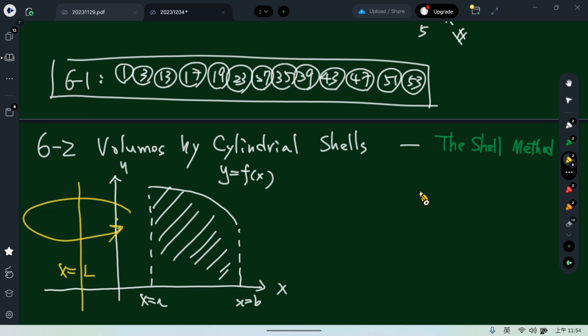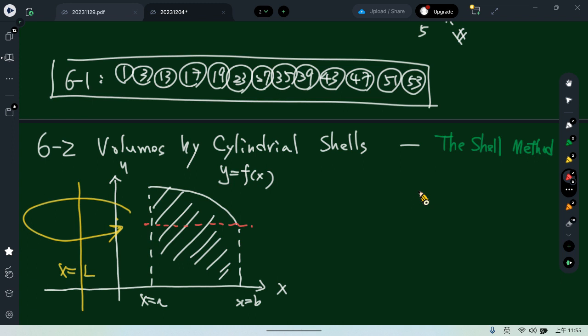Maybe you are thinking, can I just use the washer method? Actually, no. If you want to try the washer method, you need to cut it here into two parts.